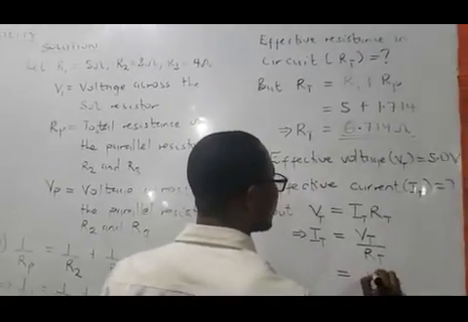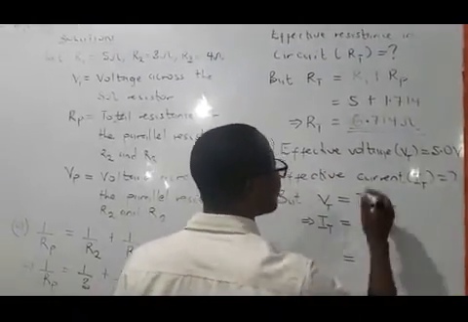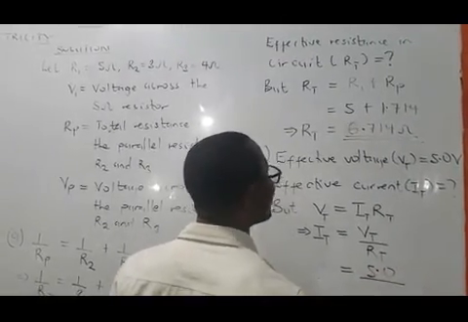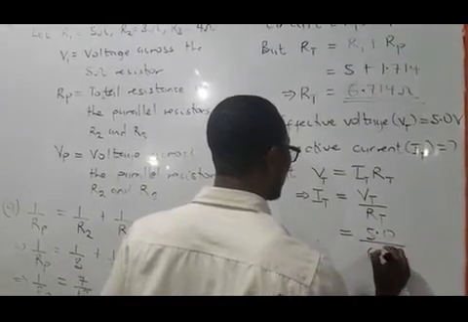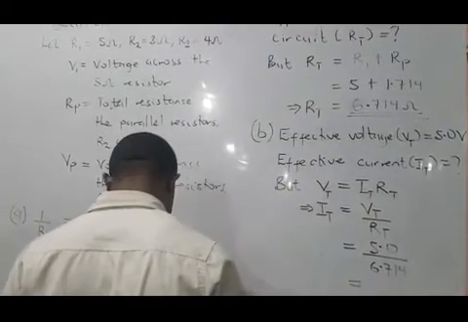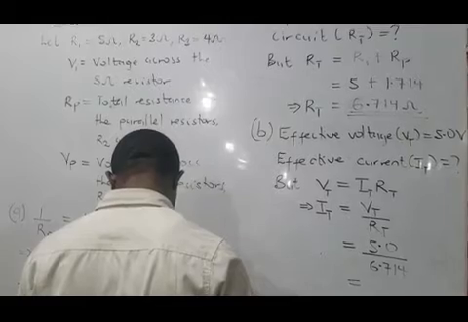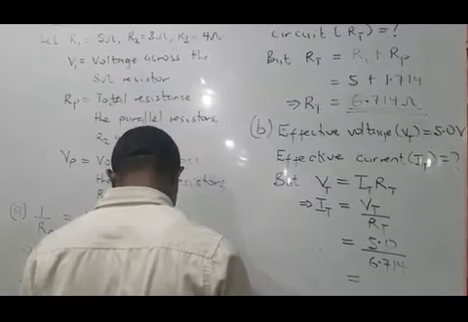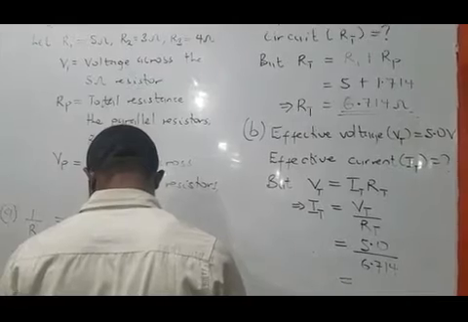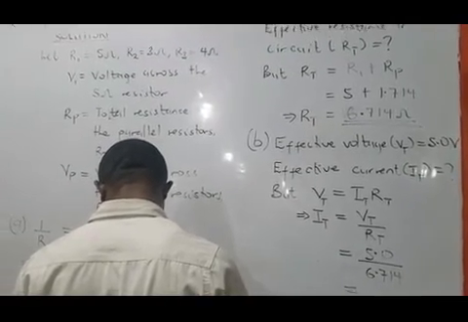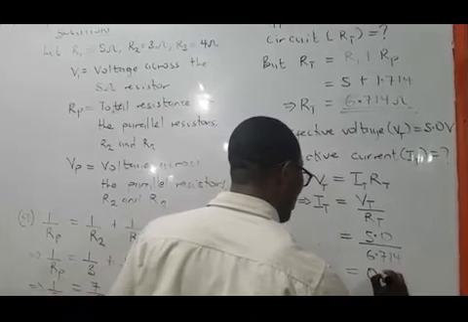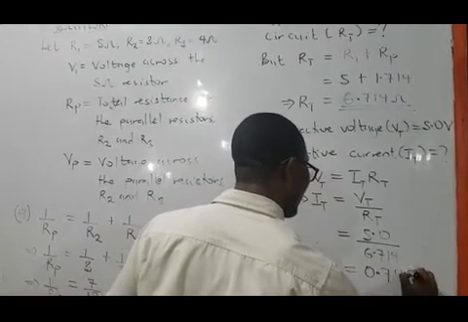And that will be equal to the total voltage, 5.0, and then the total resistance is 6.714. 5.0 upon this will give you 0.745.